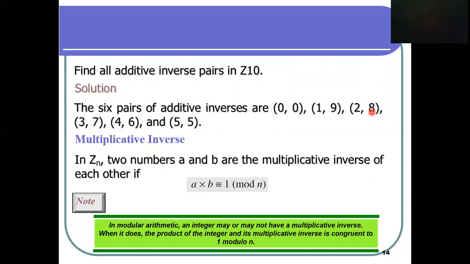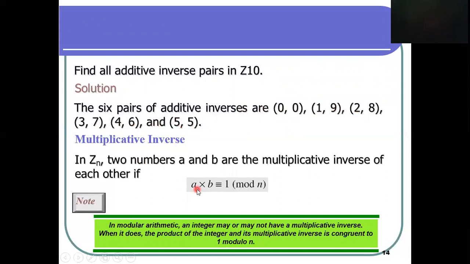If you get 0 after adding two numbers, it means both numbers are additive inverses of each other. 3 plus 7 is 10, and the remainder on dividing by 10 is 0. 4 plus 6 is 10, and dividing 10 by 10 gives 0. And 5 plus 5. So the additive inverse of 0 is 0, of 1 is 9, of 2 is 8, of 3 is 7, of 4 is 6, and of 5 is 5.